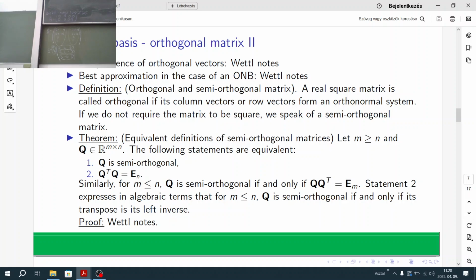What is the transpose? This comes here, this comes here. This comes here, this goes here, here, here. You can see, so I do the mirror on the window.